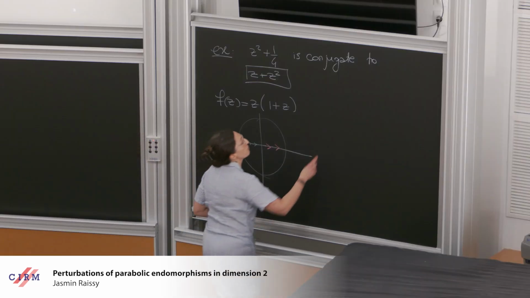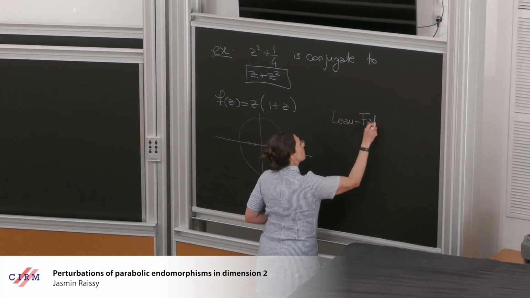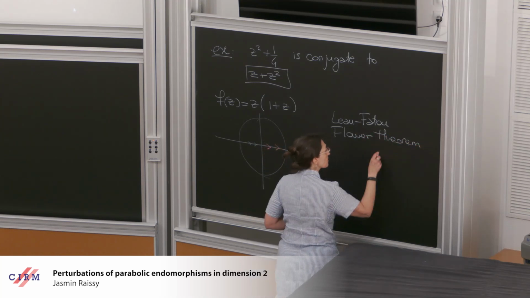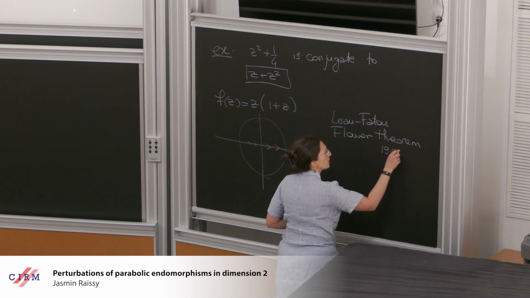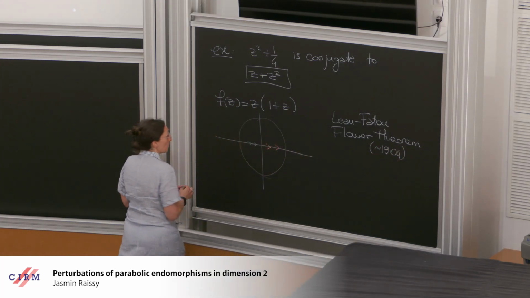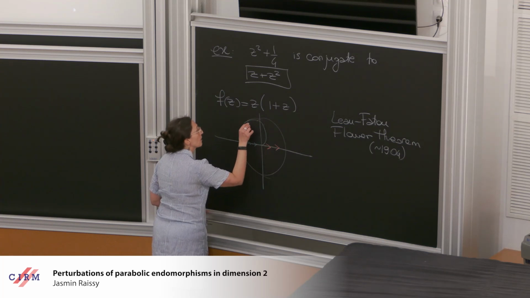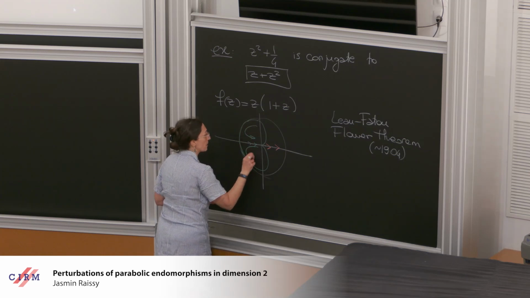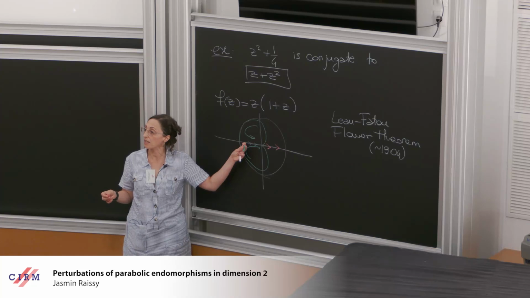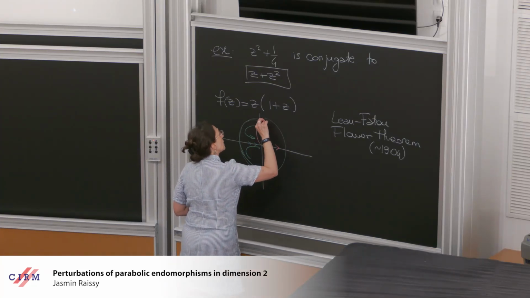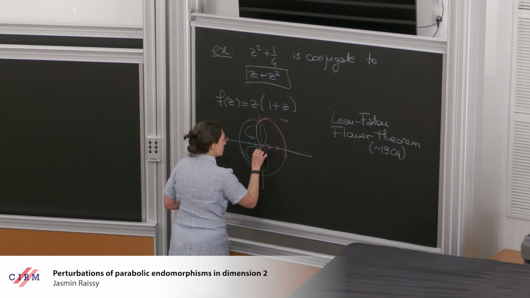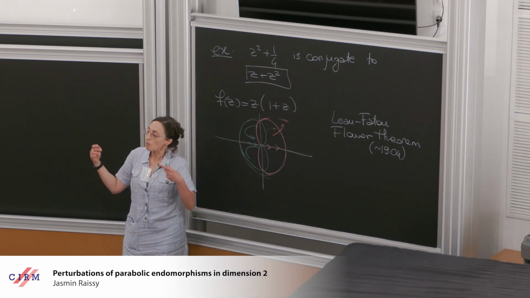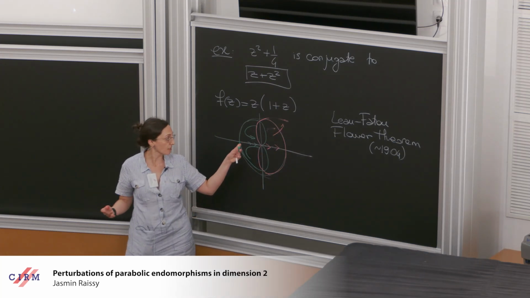And actually, what the Leau-Fatou theorem tells you, this is beginning of the 20th century, I would say, is that you have two regions: one attracting region, where orbits will converge to the origin tangentially to this negative real axis, and one repelling region, sorry, I'm doing it very big, this is not intentional, where actually you will go out, meaning that you will be attracting for the inverse exactly like in here.